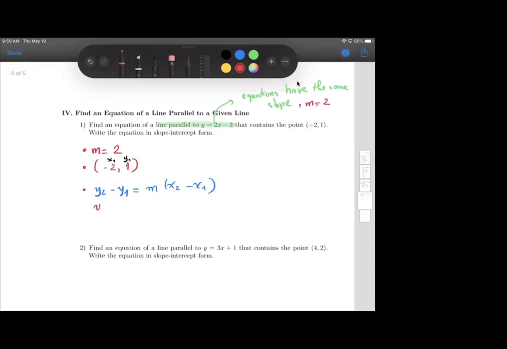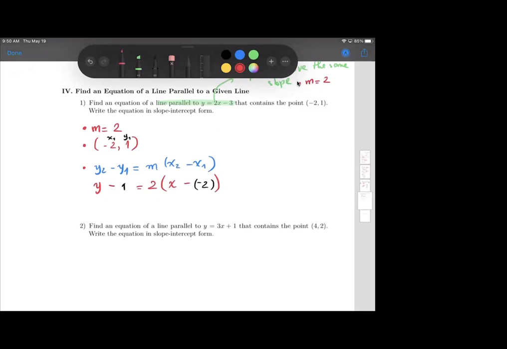Plug it in: y minus y1 will be 1, equal 2 will be my slope, x minus x1 will be -2. Simplify.